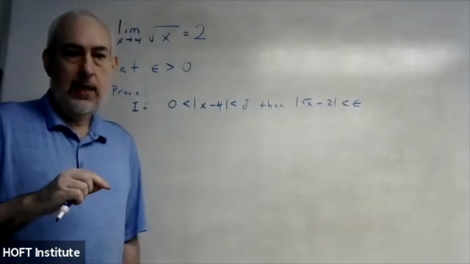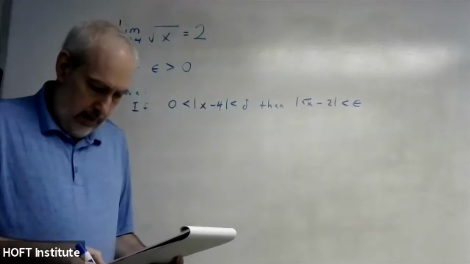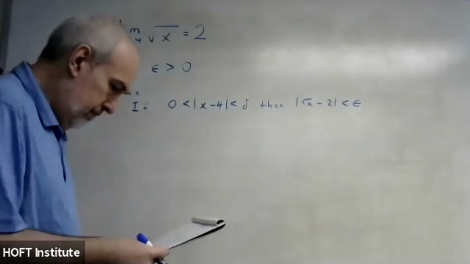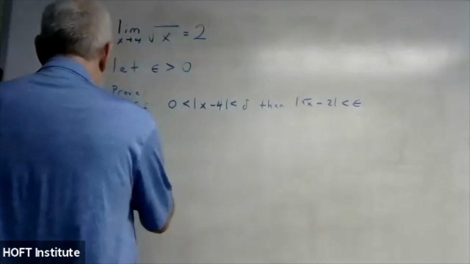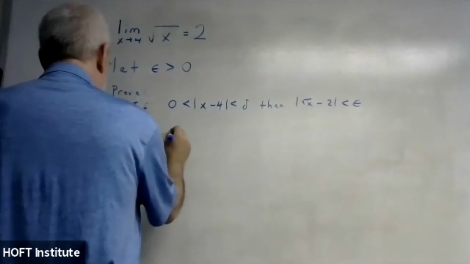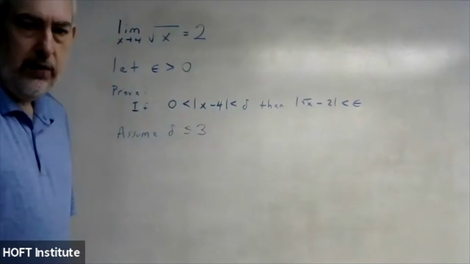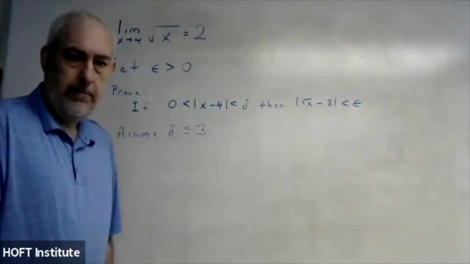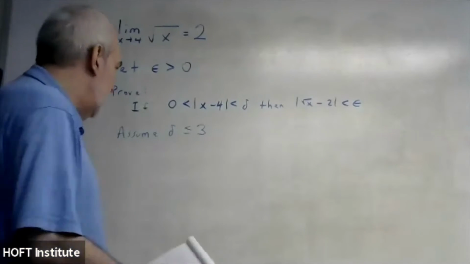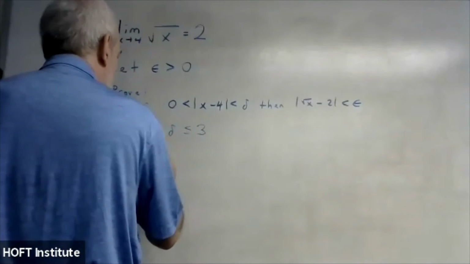I'm going to put a limit on how big my deltas can be. Let's assume that my deltas are going to be less than or equal to 3, and then I'll explain what that's going to do for us, and eventually we'll be able to come up with our equation for delta that we need.